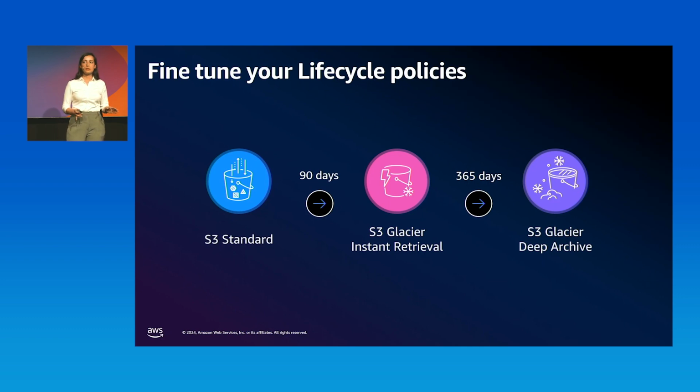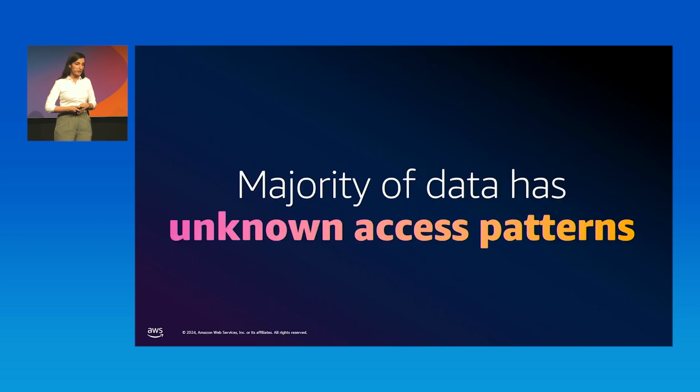Now, we already talked about the known and predictable access patterns. But what if you just don't know your access pattern? You don't know which data is going where. And guess what? The majority of the data has an unknown access pattern. From tables in your data lake to the historical data that you suddenly decide to use to fine-tune a machine learning model.